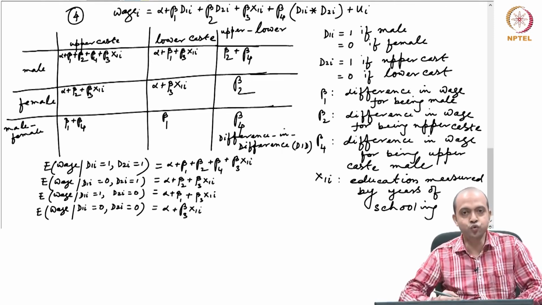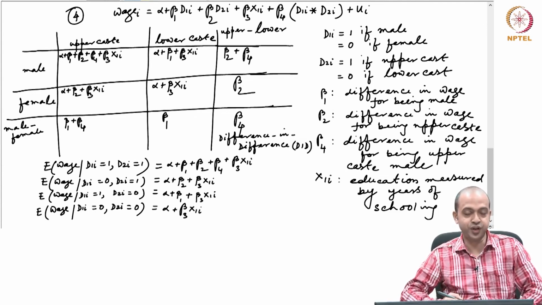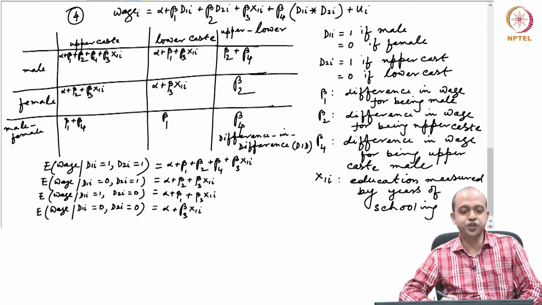These are the two ways by which you can actually interpret the beta 4 coefficient, and this is known as difference in difference estimate. This is very, very powerful in policy evaluation kind of studies.